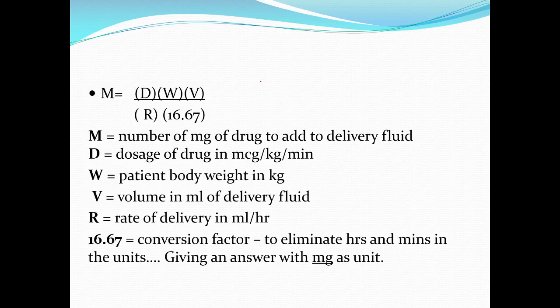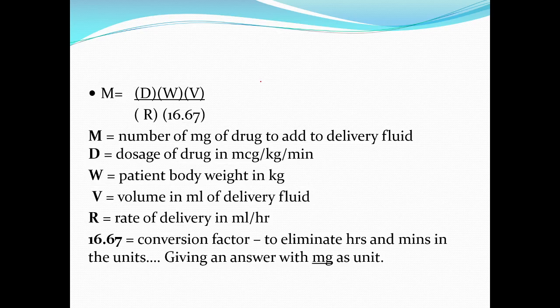Okay, so here is the formula. There are 5 letters that you need to remember, and each of them is associated with a unit, and the last number is the conversion factor.